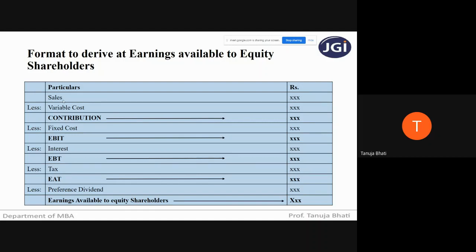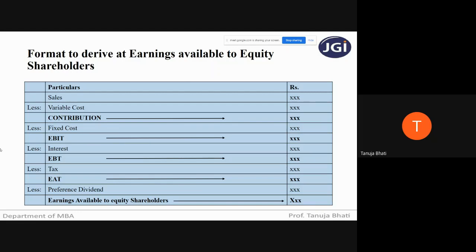Sales is nothing but your revenue that you are generating from the product that you are either manufacturing or selling. From sales, you subtract variable cost, you get contribution. So this is a fixed format in order to arrive at earnings available to equity shareholders. First, you take revenue, that is the sales. From sales you minus variable cost.